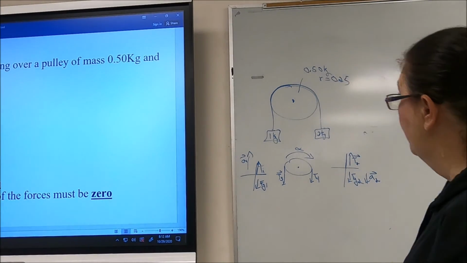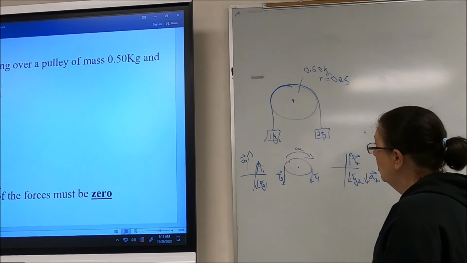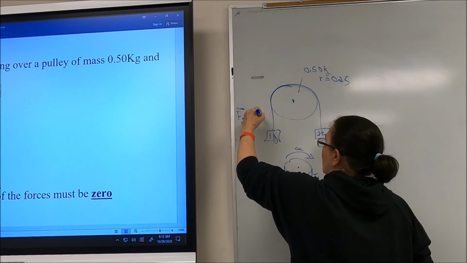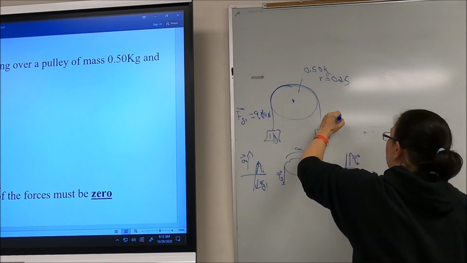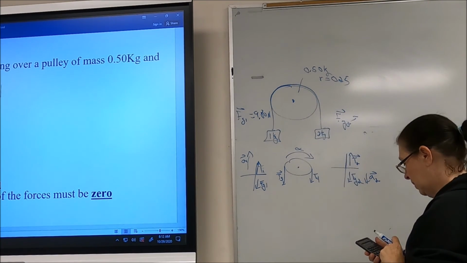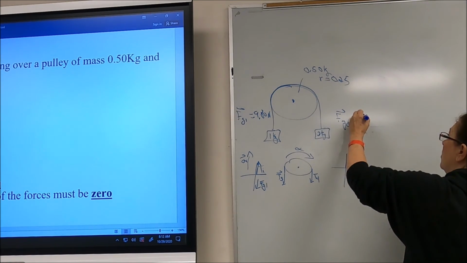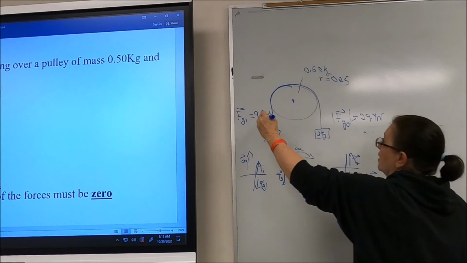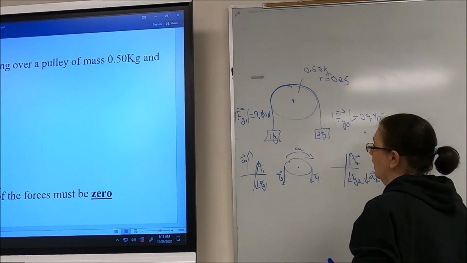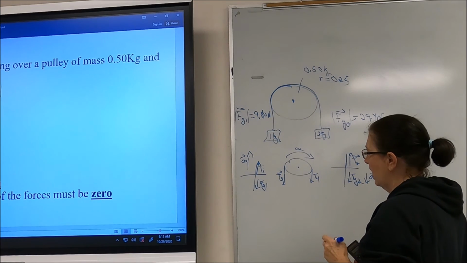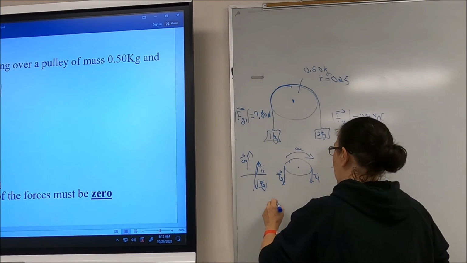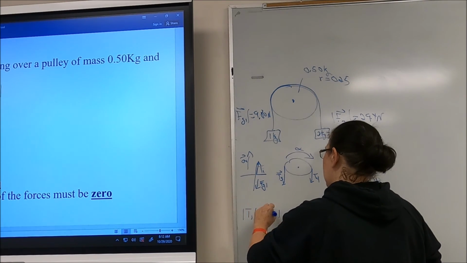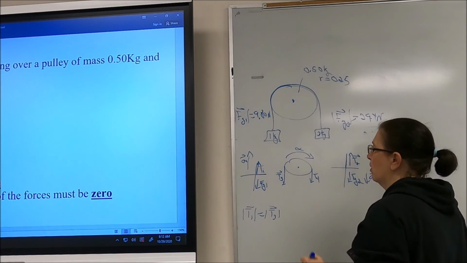Now let's figure out our forces due to gravity. FG1 is going to be 9.80 newtons. FG2 is going to be 3 times 9.8, 29.4 newtons. And those are magnitudes. Okay, now let's think about our acceleration constraints. I know that T1 is going to equal T3 because that's a continuous rope here.